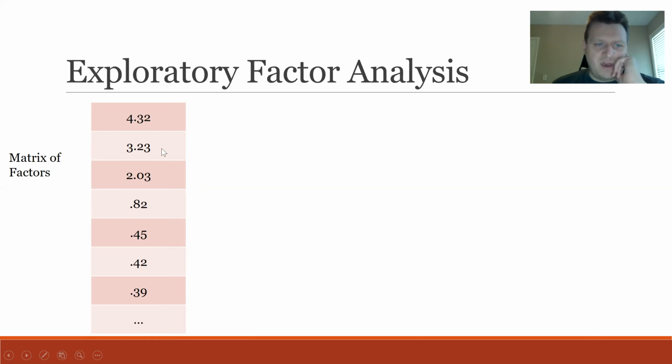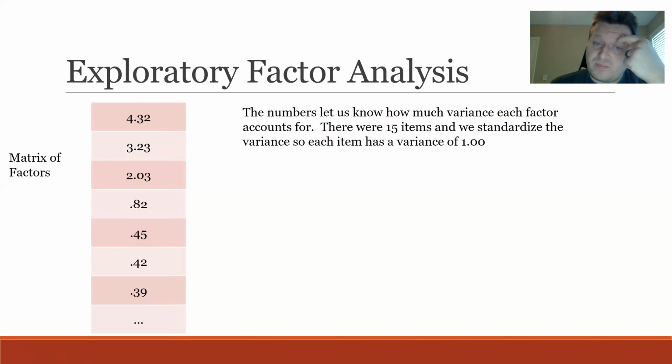So however many of these numbers are above 1 is the number of traits that we have. So 4 is above 1, 3 is above 1, 2.03 is above 1. It seems that we have 3 personality traits, which is what we predicted in the beginning, so good job us. Okay, so this is telling us that we have 3 personality traits. That's what we predicted, so good job.